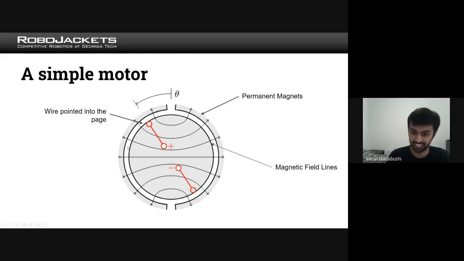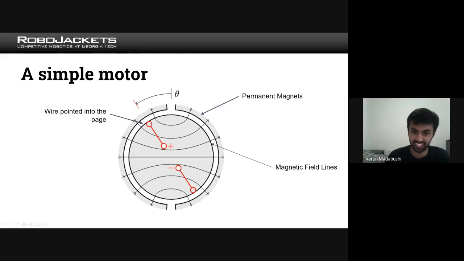It's pointing towards the center of the circle. And using your right-hand rule, you'll see that with the magnetic field radially, the current is into the page, and then your thumb is now pointing in the direction of the rotation.